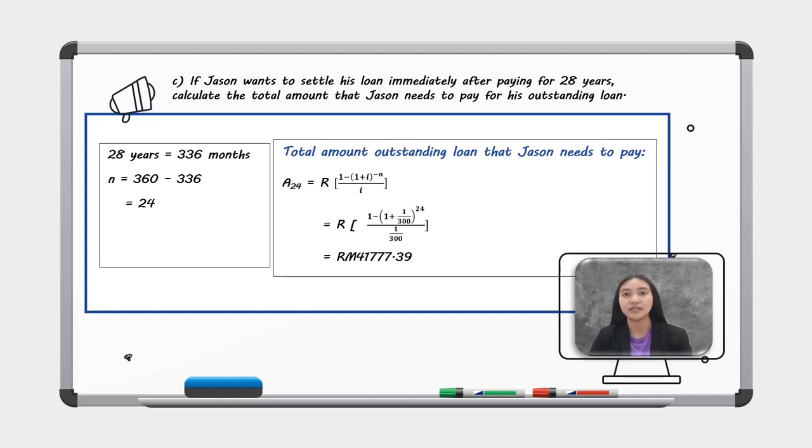We rearrange, following the formula, to R, open bracket, 1 minus, open another bracket, 1 plus 1 over 300, close the bracket, and we have 24 over I, which is 1 over 300, close the bracket. The answer is RM41,777.39.